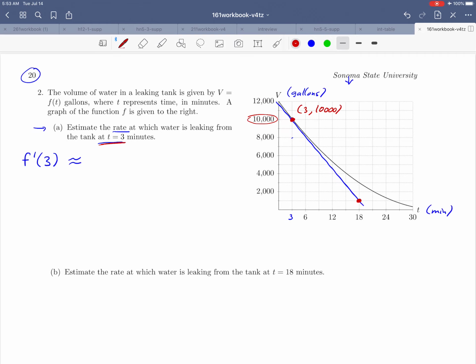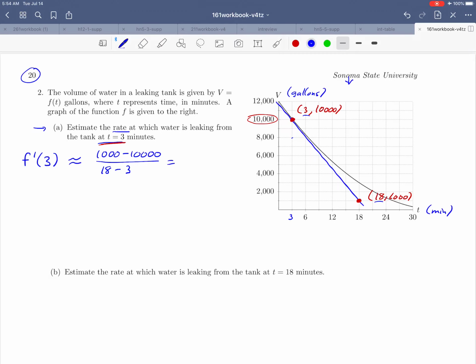And if we guess the coordinates there, it looks to me like that's about 18 and 1,000 on the scale. We're just going to use those 2 points and find the rise over the run. So the difference between the y values of those 2 points would be 1,000 minus 10,000. And then the difference in the x-coordinates, that's going to be 18 minus 3.